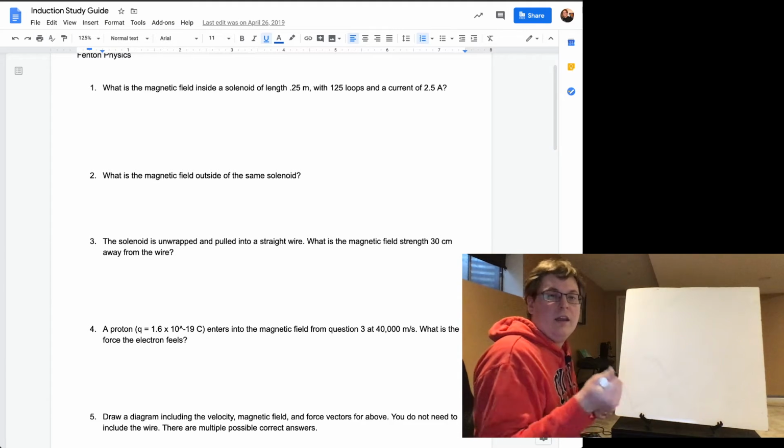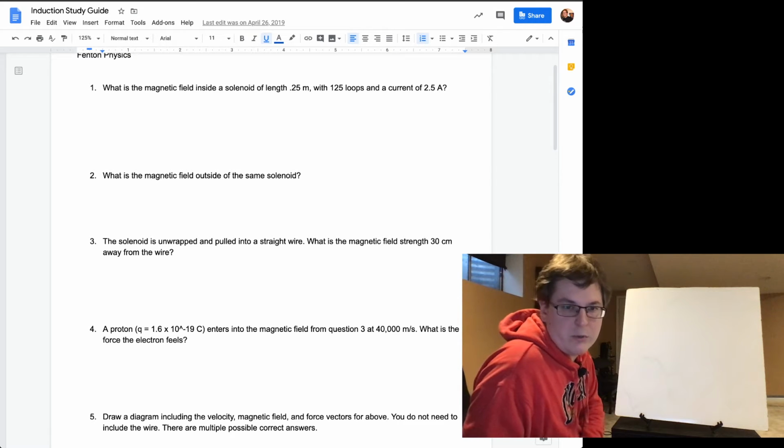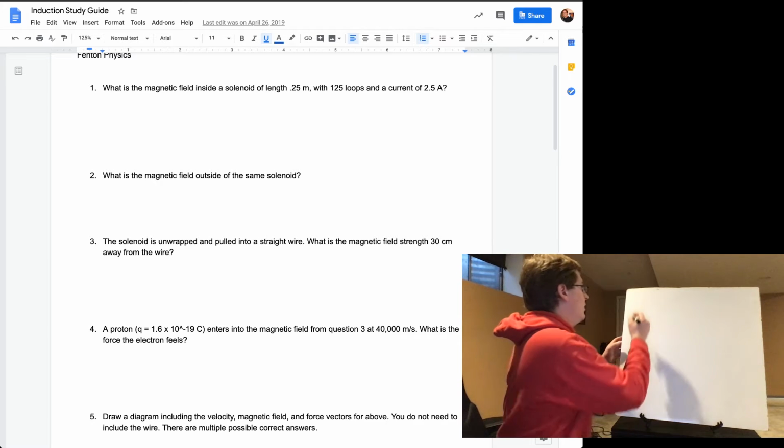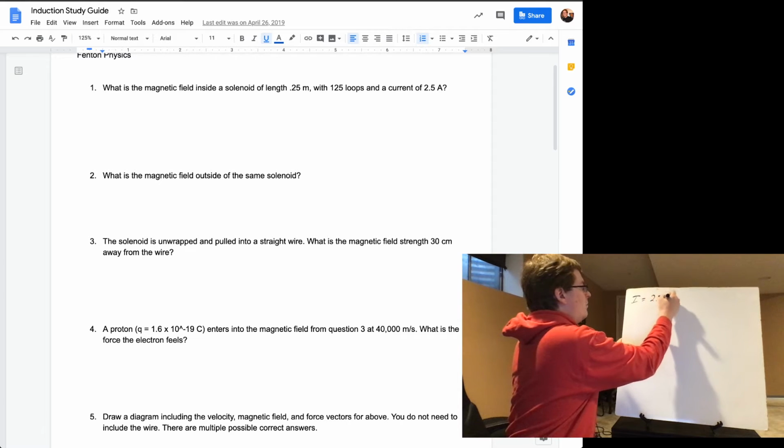So we've got a solenoid, and it's going to be unwrapped and pulled into a straight wire. The most important part is really that the current through the solenoid was 2.5 amps.